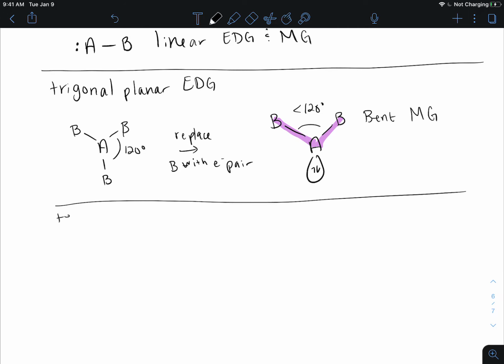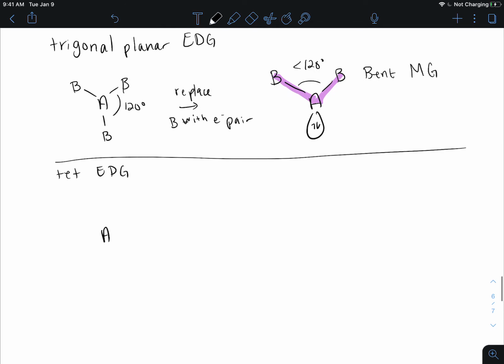Next is our tetrahedral. I'm just going to put it as tetrahedral electron domain geometry. So just as a reminder of what's going on, this wedge means we're coming out of the plane of the board. This dash is going into the plane of the board because we have a three-dimensional shape.